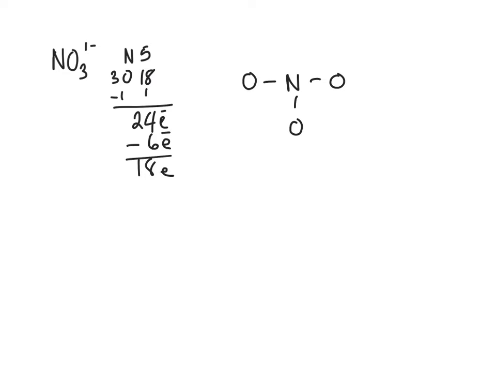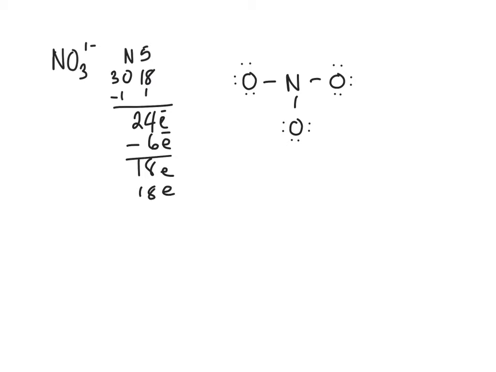So satisfy the octet around the terminal atoms. Each one of these oxygens has 2. We need 6 more for 8. So 1, 2, 3, 4, 5, 6, 7, 8, 9, 10, 11, 12, 13, 14, 15, 16, 17, 18.